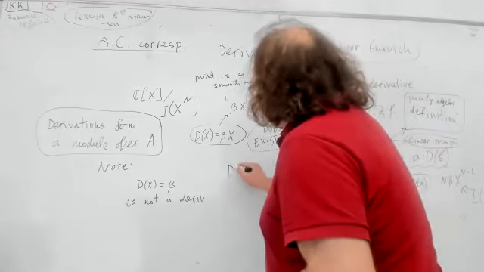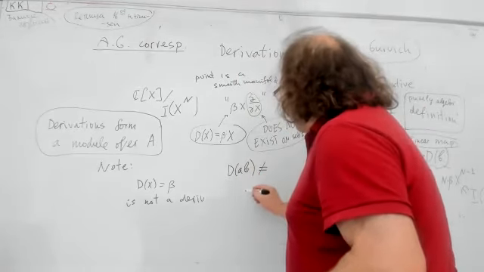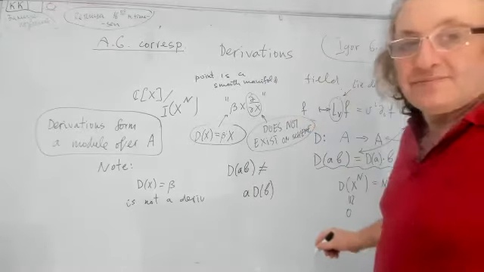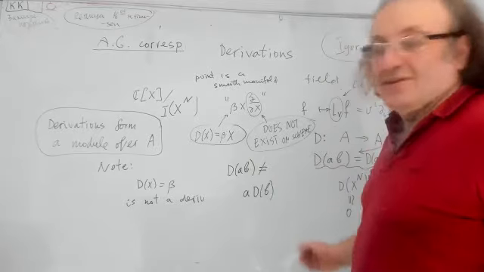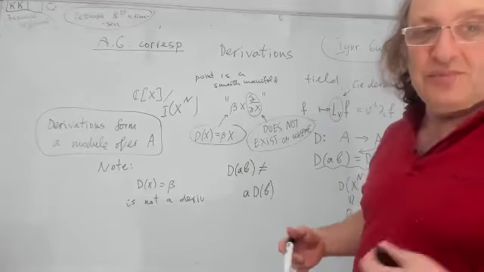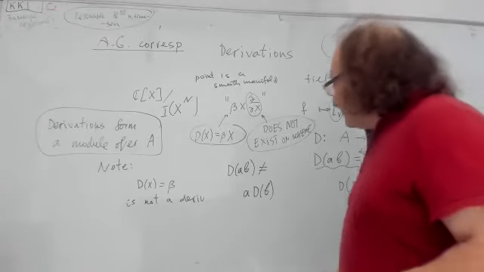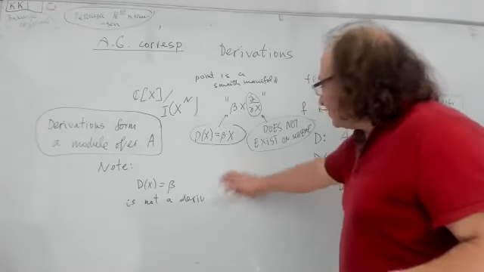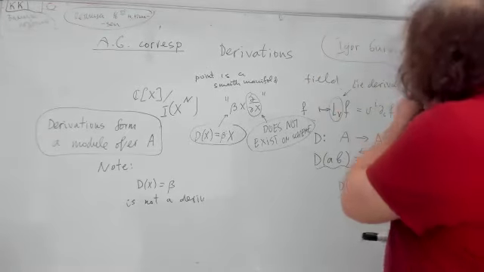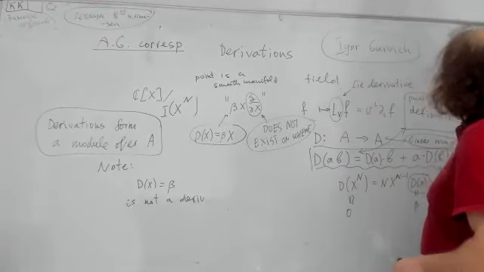So d of AB does not equal A d of B. Would this happen, we would call it A linearity, so you can multiply. But we do not demand this. Derivations are different things. They are governed by the Leibniz rule.